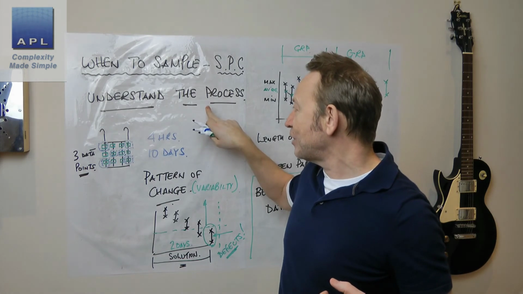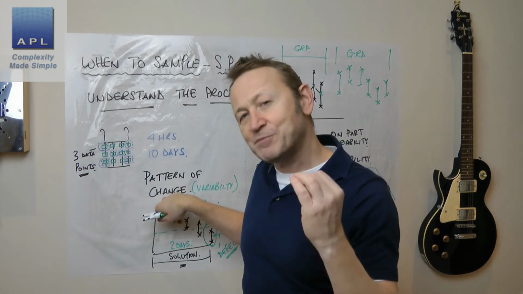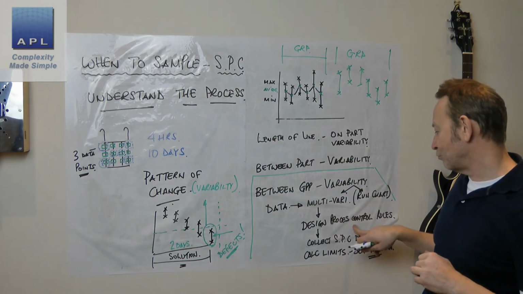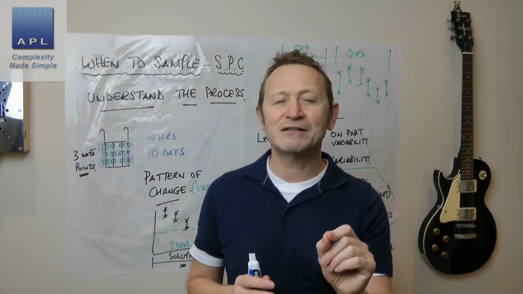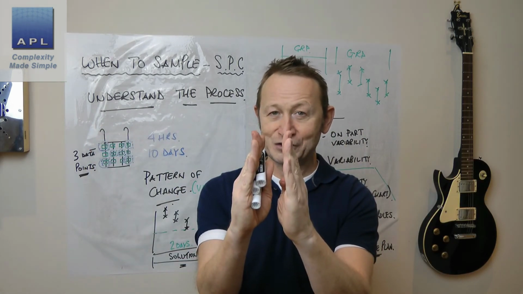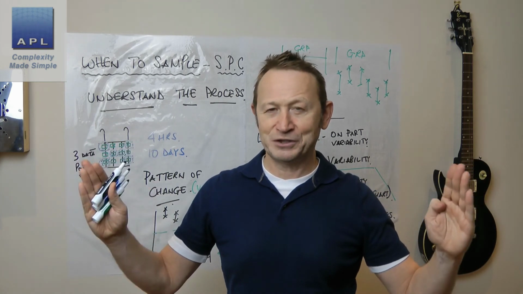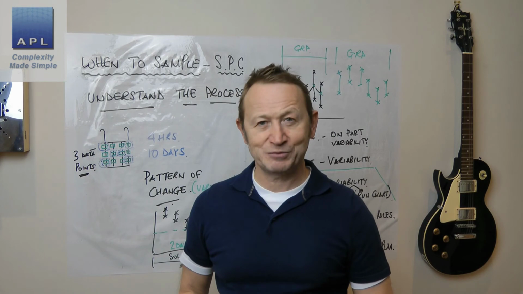Once I understand the process and I understand its pattern of change, then I can implement some new rules. Then I can set SPC, and because I understand the pattern of change, I can decide how tight the sampling window should be or how wide the sampling window should be. But that is how you decide how to sample in SPC.